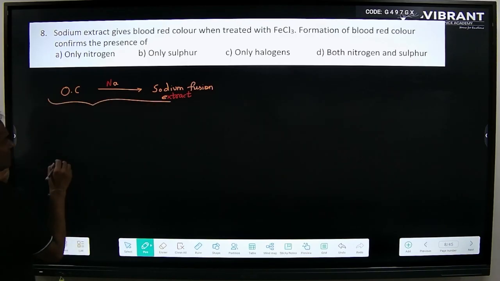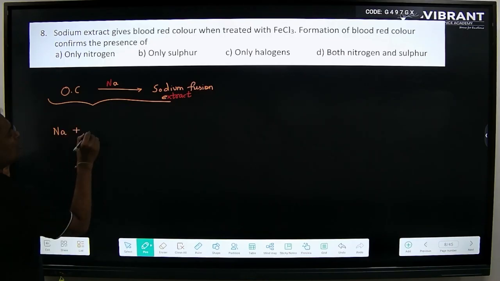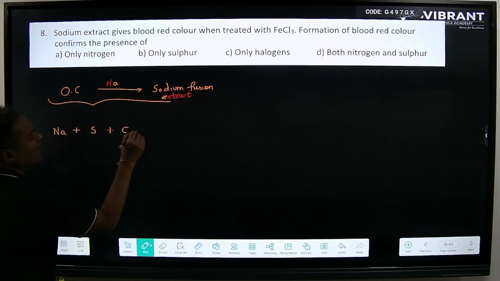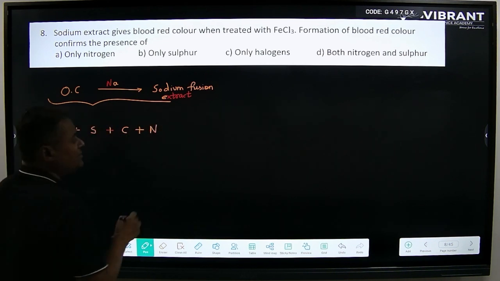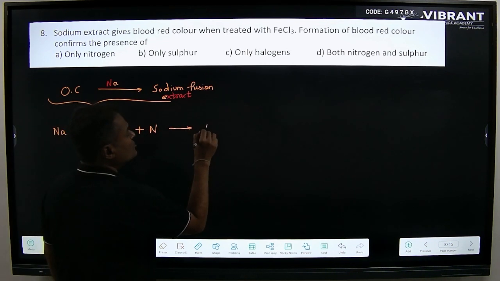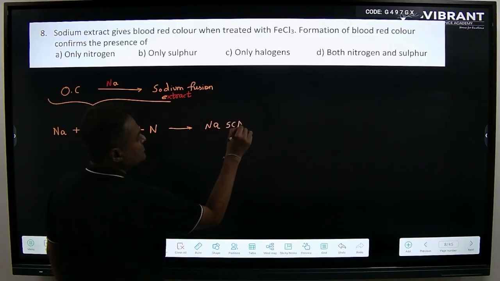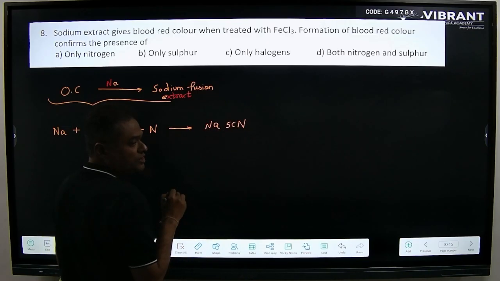Now, basically what must be happening in this reaction? Let us see. Suppose if you have sulfur, carbon and nitrogen in your sample, obviously we are taking sodium, so I have taken sodium, then they will combine to form sodium thiocyanate. I hope this is clear to you, child.